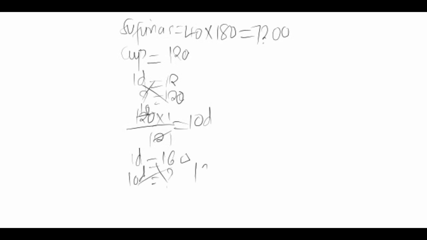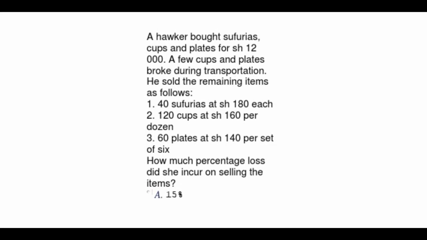So we have 160 times 10, this is 1600 shillings. So we have 1600 shillings. Then we have 60 plates at 140 shillings per set of 6.